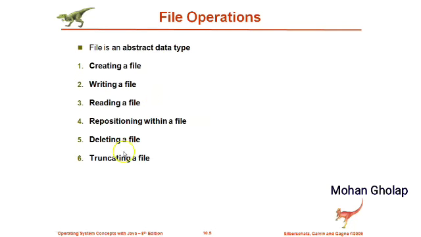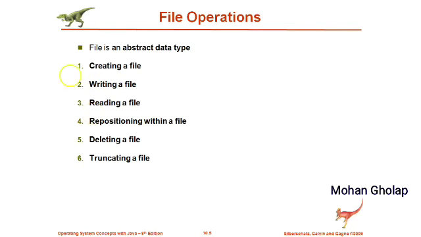Next is truncating a file. There is a difference between deleting a file and truncating a file. As we saw, in creating a file, first you have to find a free space to store this file, and second you have to update the directory entry. Similarly, whenever you delete a file, the space that was allocated should be deallocated so that it can be used by other processes or files. And second, whenever you delete a file, the corresponding entry should be removed from the directory.